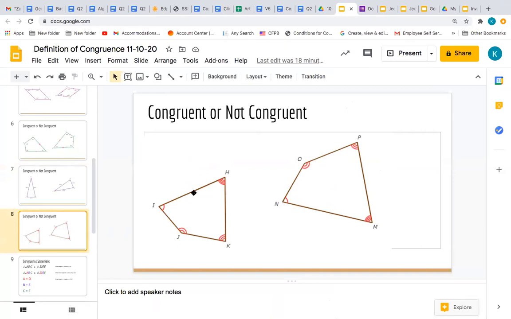But they did not give any information about the sides being congruent. So I want you to figure out whether these two figures are congruent. Try it and let me know next time if you have any questions, or stop by at my office hour.